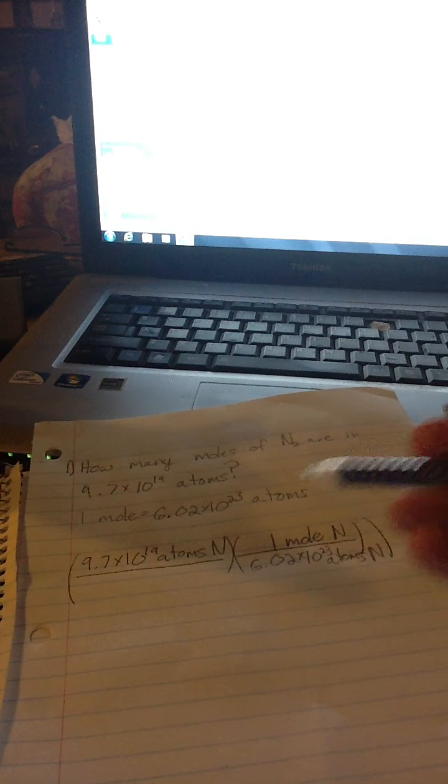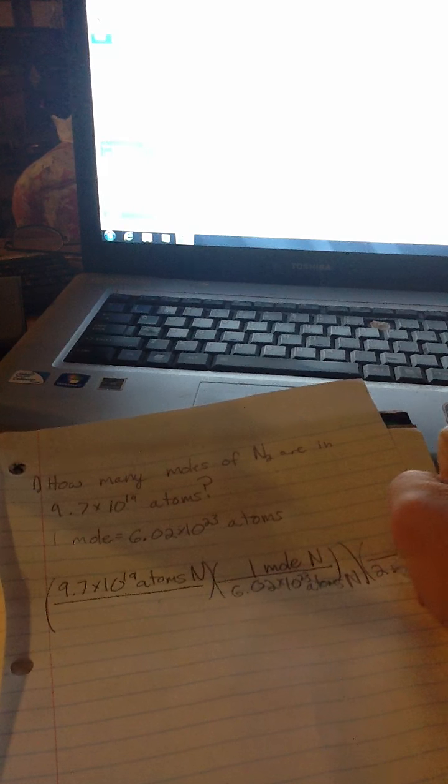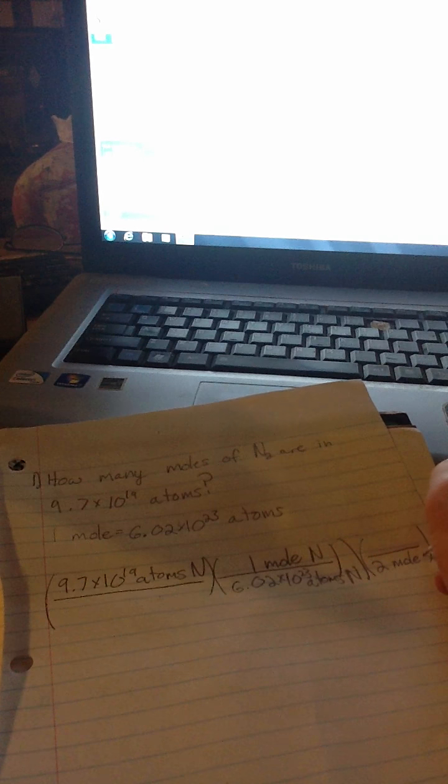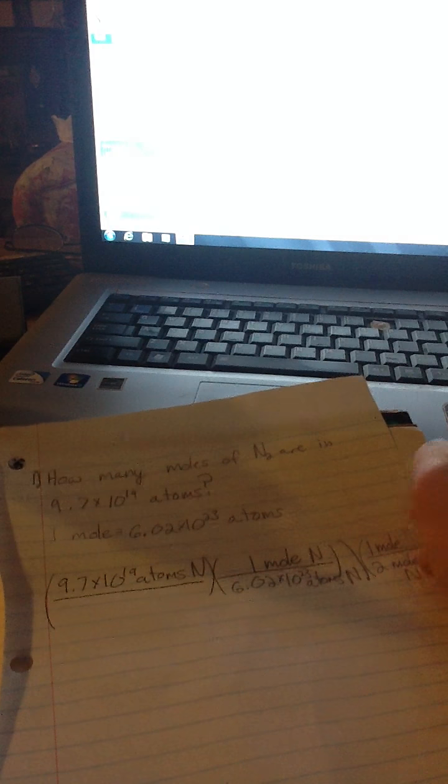So now you've converted from atoms of nitrogen to moles of nitrogen, and now you want to convert from moles of nitrogen to moles of nitrogen gas. So there are 2 moles of nitrogen in 1 mole of nitrogen gas, because nitrogen gas is N2. It's diatomic. That's just something you got to know.